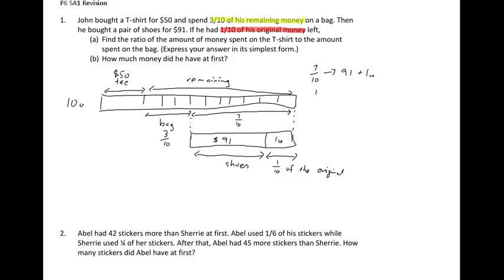If I were to find 1/10, isn't it I'm trying to divide this by 7? So 91 divided by 7 will give me 13, plus 1/7 of a unit, right?